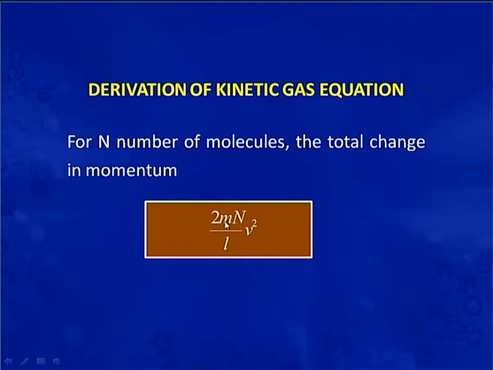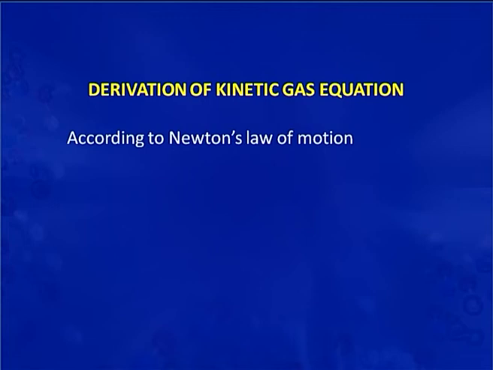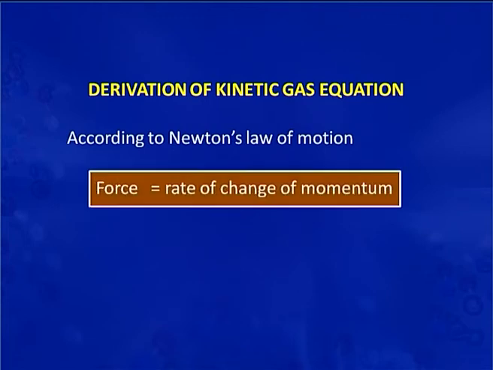Here m is the mass, N is the number of molecules, v square is the mean square velocity and L is the distance. Now, we will check the pressure exerted on the wall. As we know, Newton's law of motion says force is equal to the rate of change of momentum.